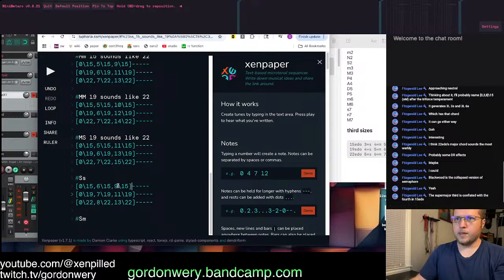Oh, weird. The super major triad inverts to a sub minor triad, which inverts to a quartal chord in 15. That's weird. That's cool.